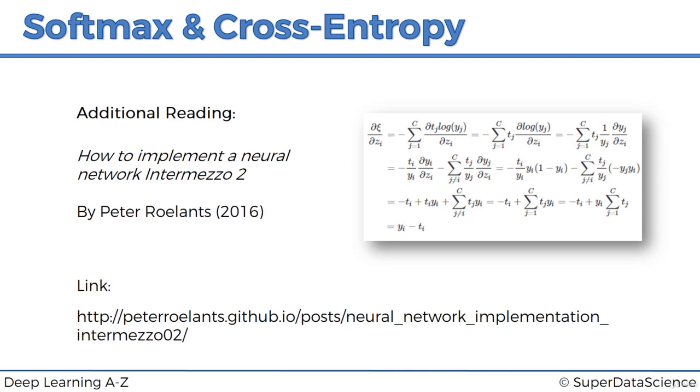He's going through all these steps, and then he says, oh, I've got to explain this first. So that's why it's called intermezzo. No other reason, as far as I understand. The article is by Peter Roelants, 2016 as well, so both are quite recent. Check out this article if you would like to dig into the mathematics behind softmax and cross entropy.